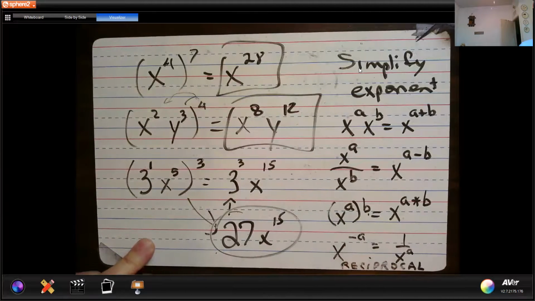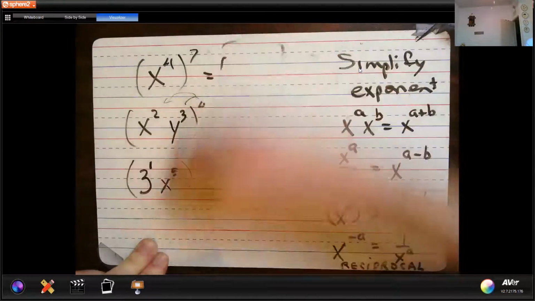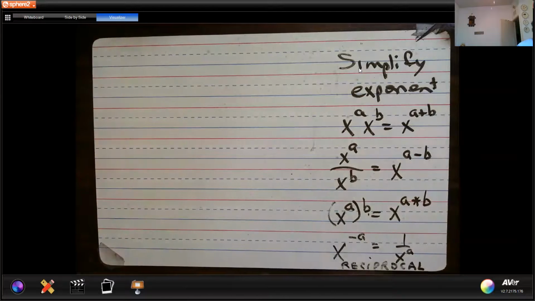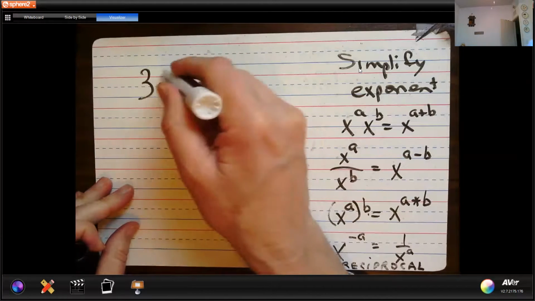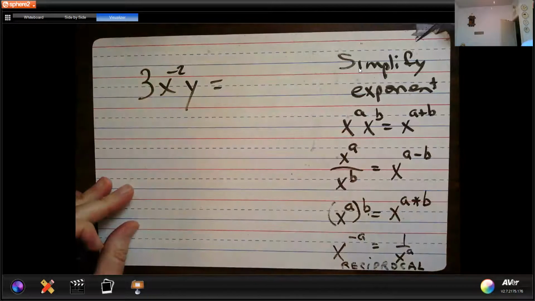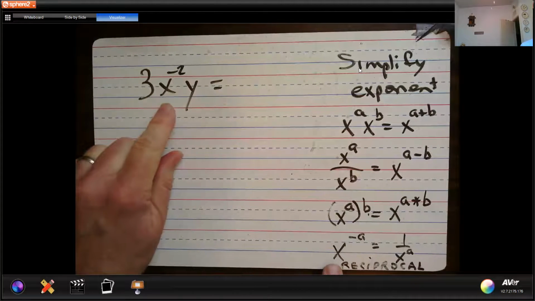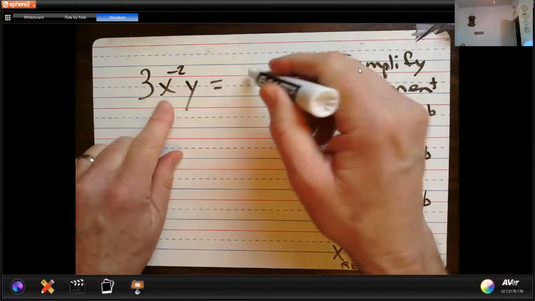Now let's use negative exponents, and then we'll know everything there is to know. Negative exponents. So what if all I had was 3 times x to the negative 2 times y? Well, negative exponents mean reciprocal. So what I know is x is the only thing that's negative.